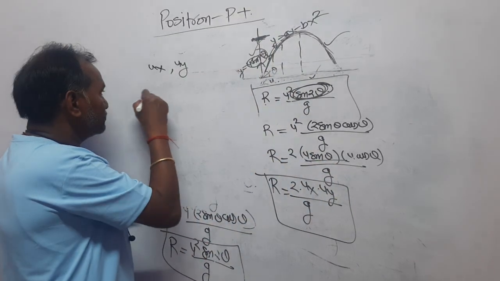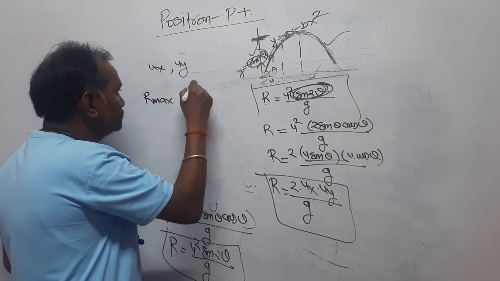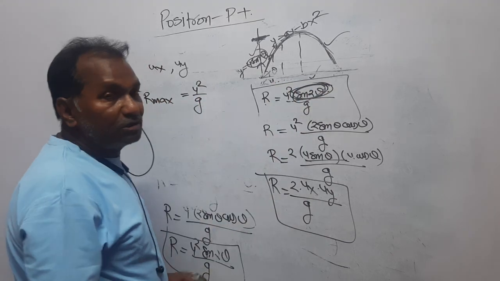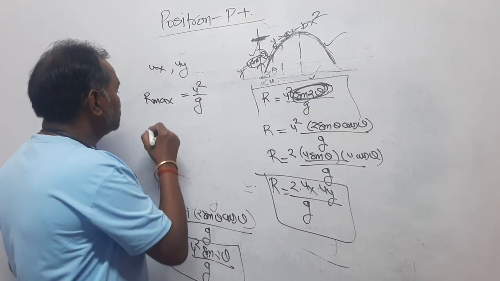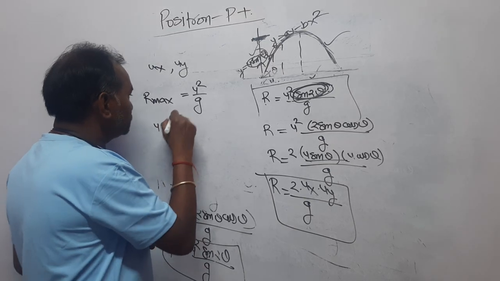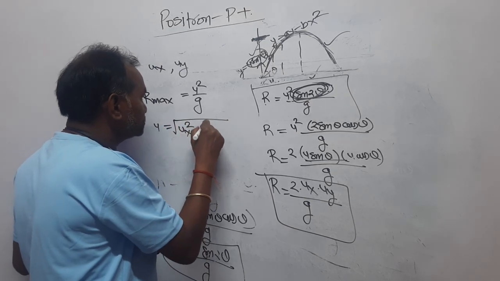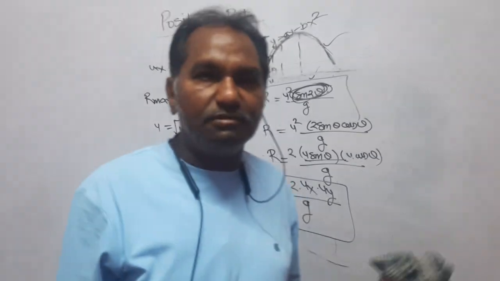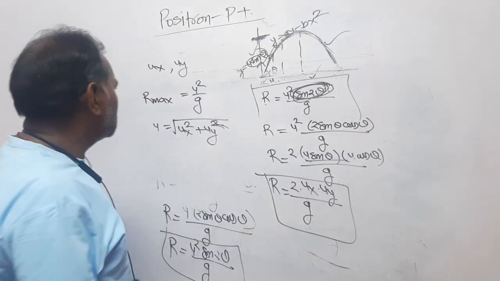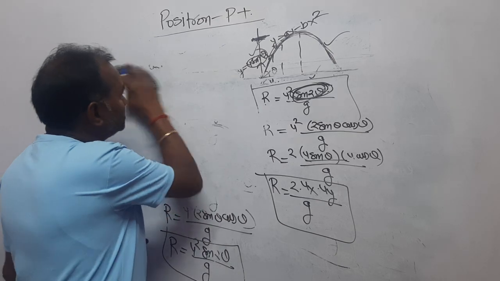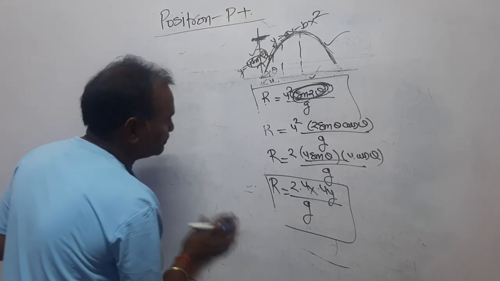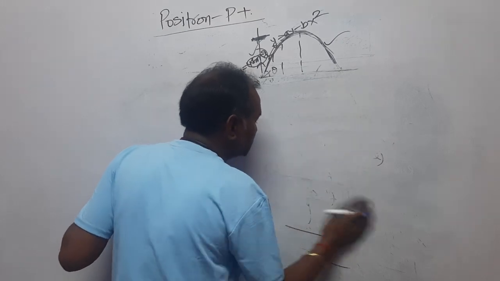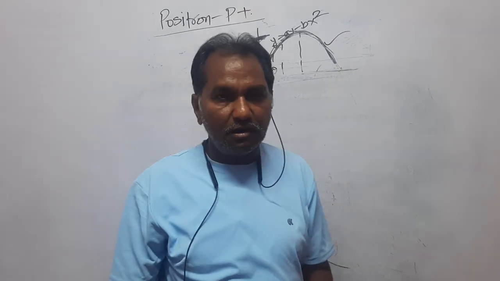Again, you know the maximum range formula is u square upon g, because sine 2 theta becomes 1. Now you have to know u, and u is under root ux square plus uy square, right? In this way, ux and uy are given, so you can find it. Dear students, sometimes a question is asked in a very simple way, but it gives you trouble in finishing.